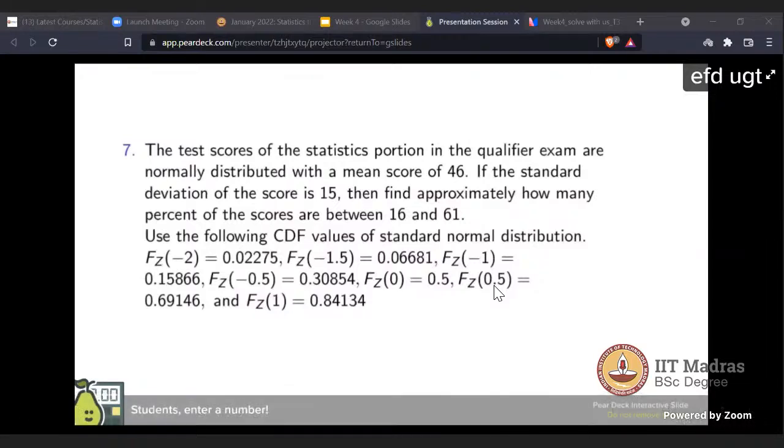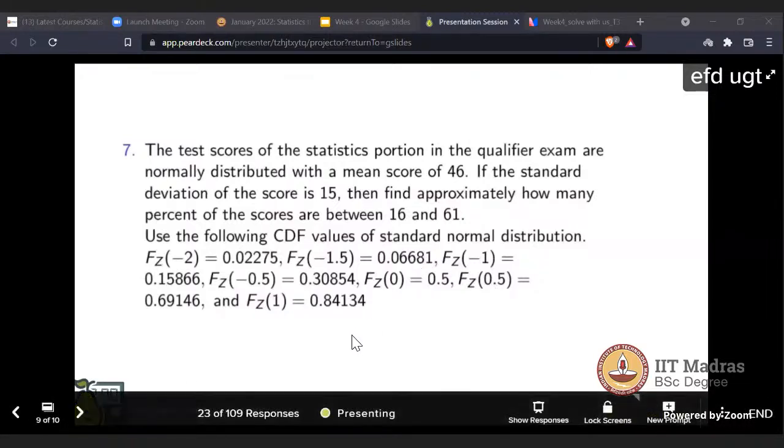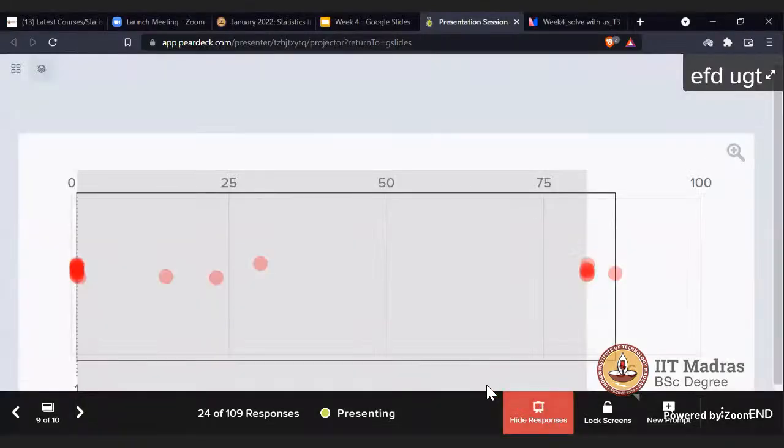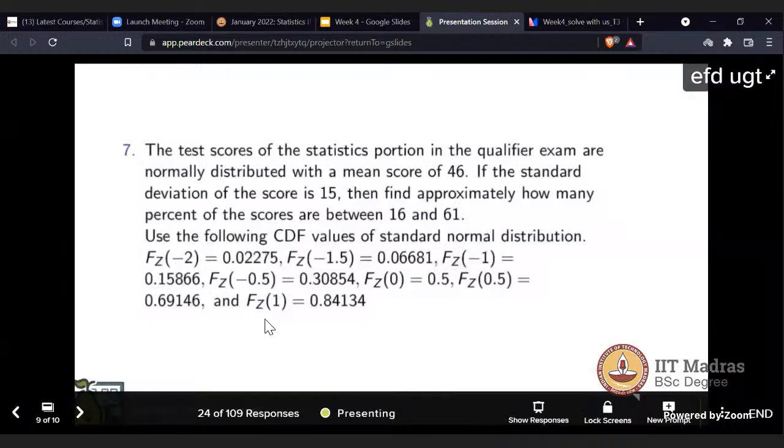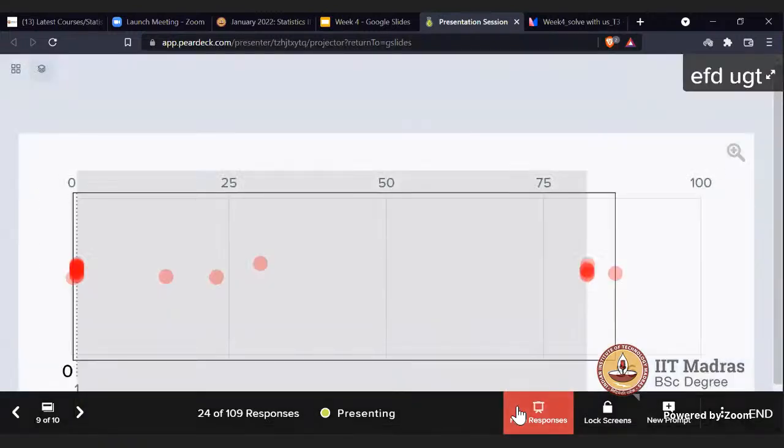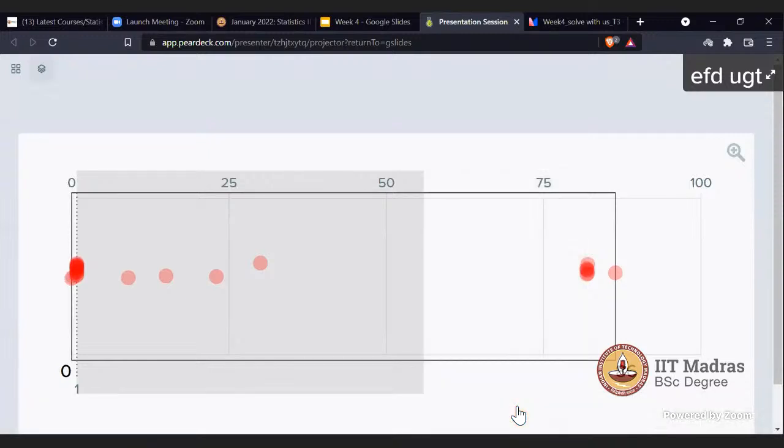Okay, so I have only received 22 responses for this question. 23. Okay. Is this question clear? Like what to find? Yes, ma'am. Okay. All right. So what is the answer you are getting? 0.81859.